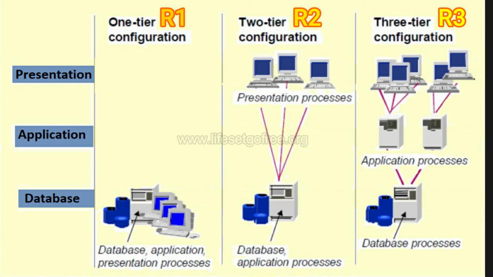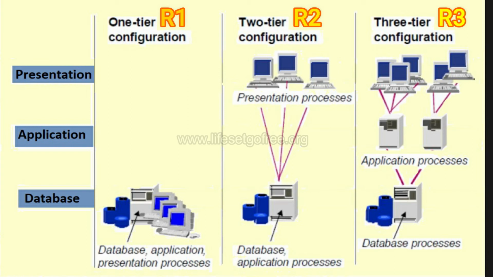See, think that SAP R1 architecture means whatever we have discussed. Architecture is nothing but all these 3 layers. If the presentation layer, application layer and database layer, everything is on one computer, if all these 3 layers are installed on one system or server, it is known as R1 architecture.